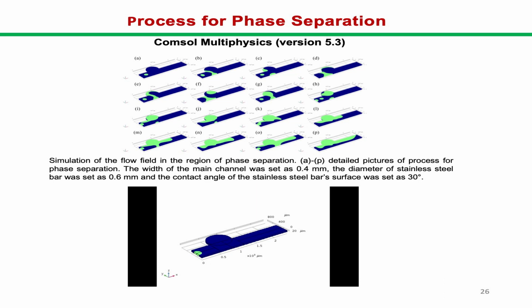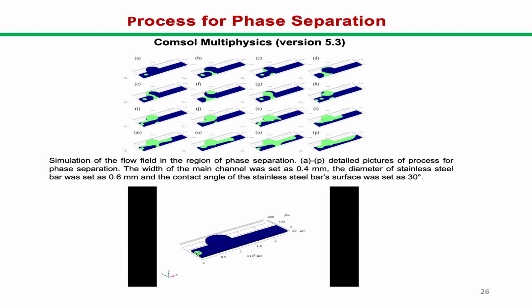These are the relevant parameters in the theoretical model, and also the outlet flow of the organic phase and also the aqueous phase. And then we use COMSOL Multiphysics version 5.3 to simulate the phase separation process.